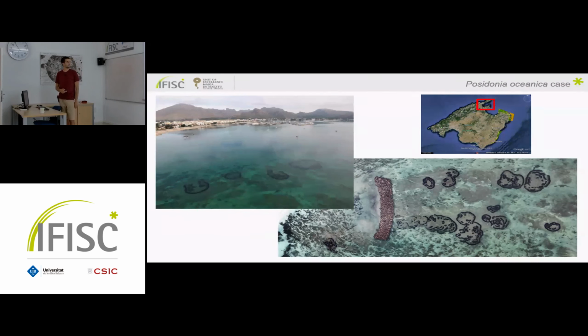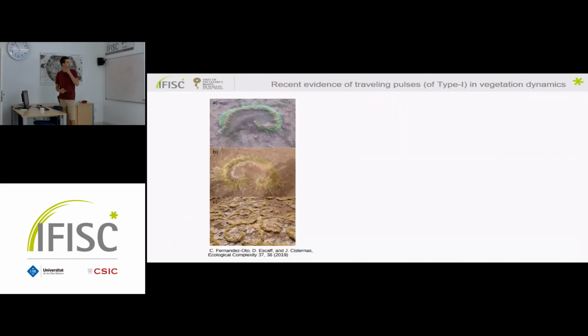There are other examples. For example, we have this grass in highlands in Chile, where we can see similar behaviors. Here, they are associated with grazing of animals, and the models proposed are not compatible with type 2, but with type 1.